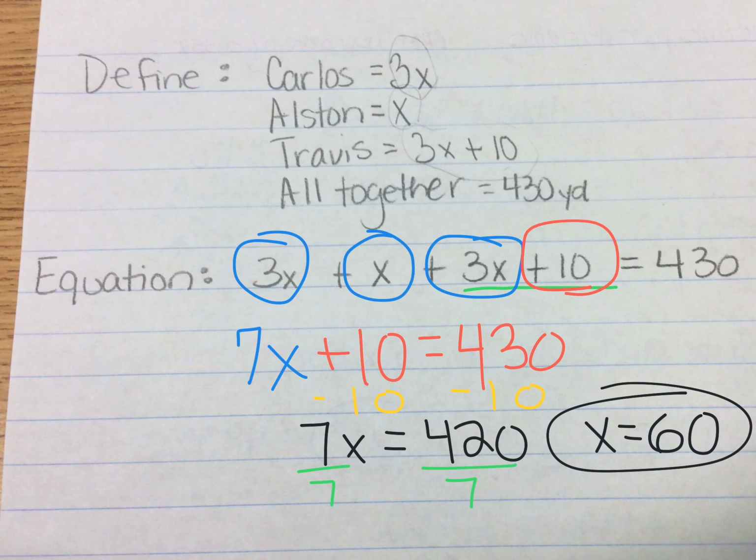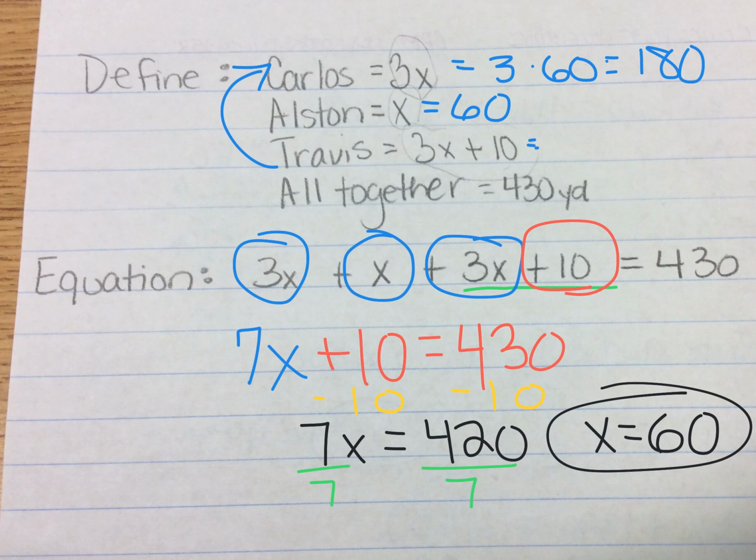What does x represent? It represents Alston. So we go back up here, x is 60. Then Carlos is 3 times 60. So he had 180 yards. Okay, and then Travis had 10 more than Carlos, if you remember.